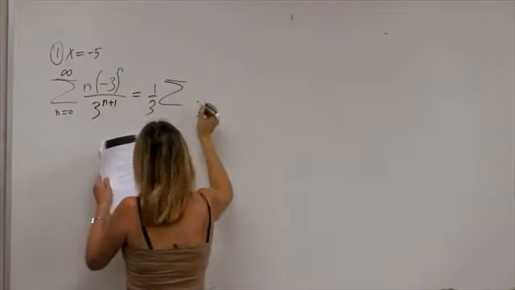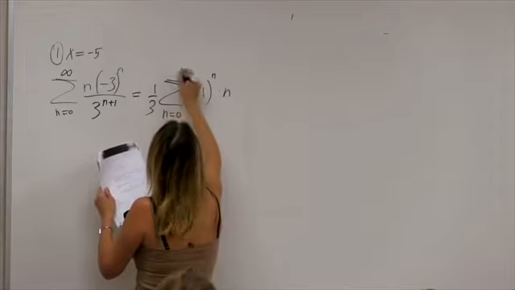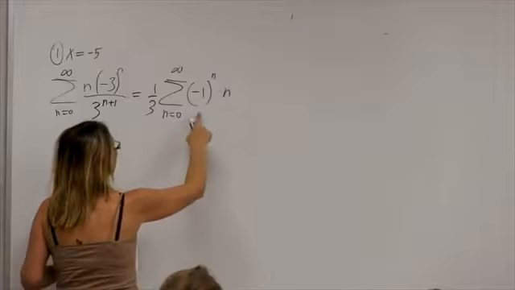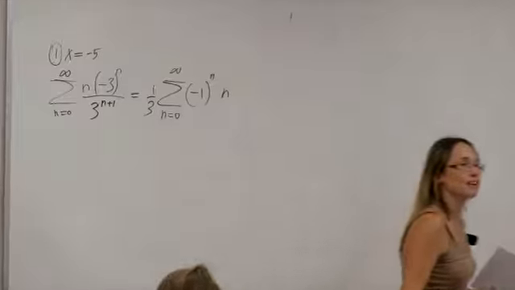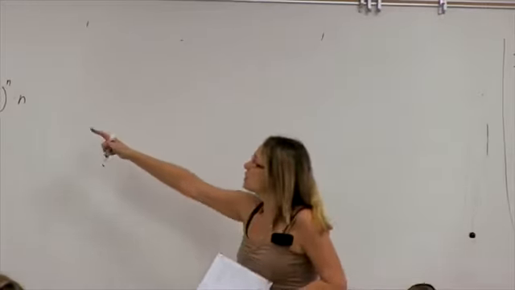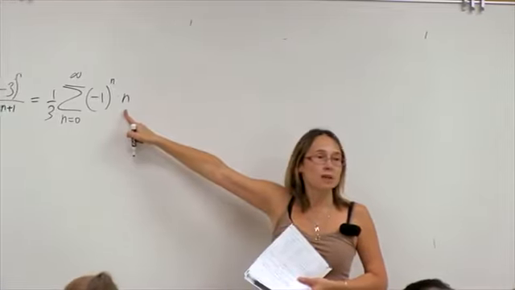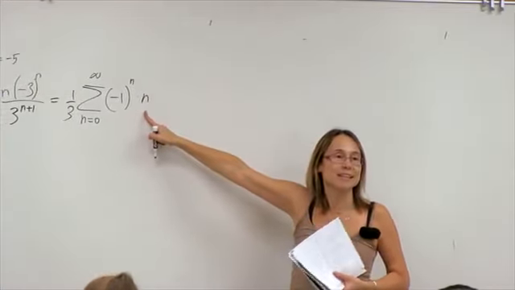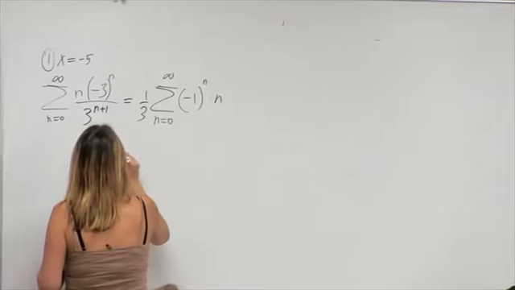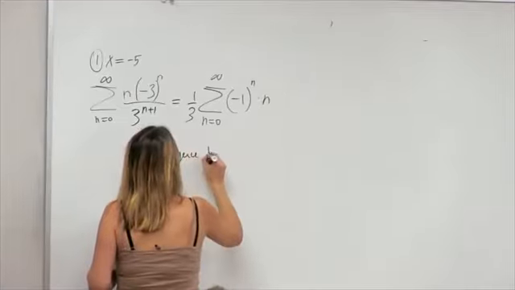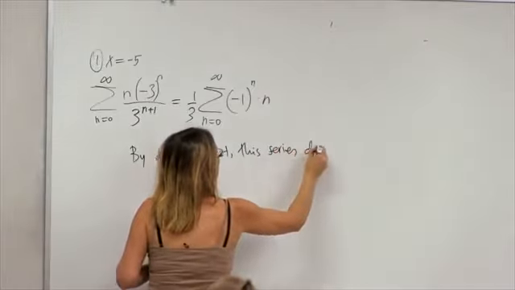So I can rewrite it like this. It's a funny looking series whose terms alternate sign and they're multiples of n. You can see that the absolute value of the terms actually grows as n goes to infinity, and for sure they don't decay to 0. So by the divergence test, this series diverges.